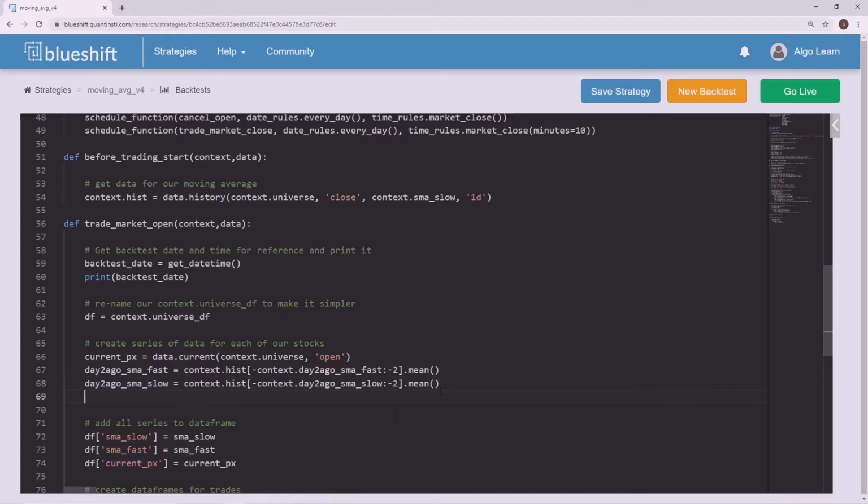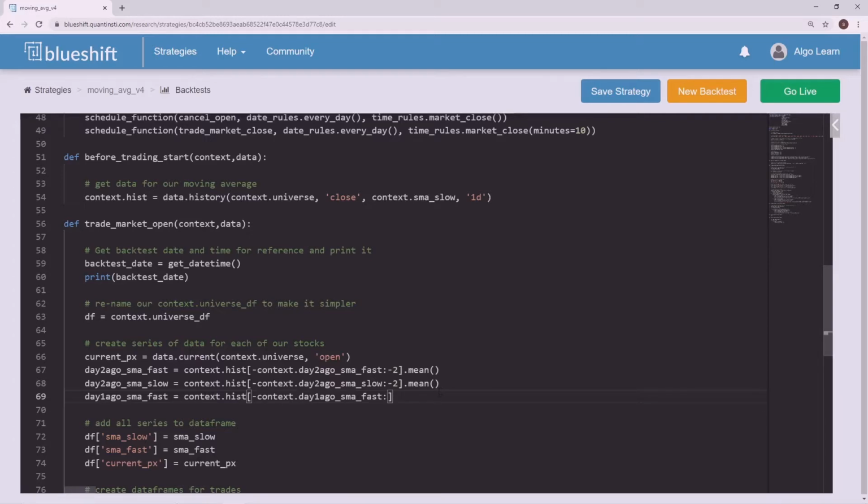So now let's do day 1 ago. So this will be yesterday's. Day 1 ago fast equals context hist SMA fast. And I don't need to put anything there after that colon, because if I don't put anything there, that means we're going to pull the very last piece of data that we received, which was yesterday's close.